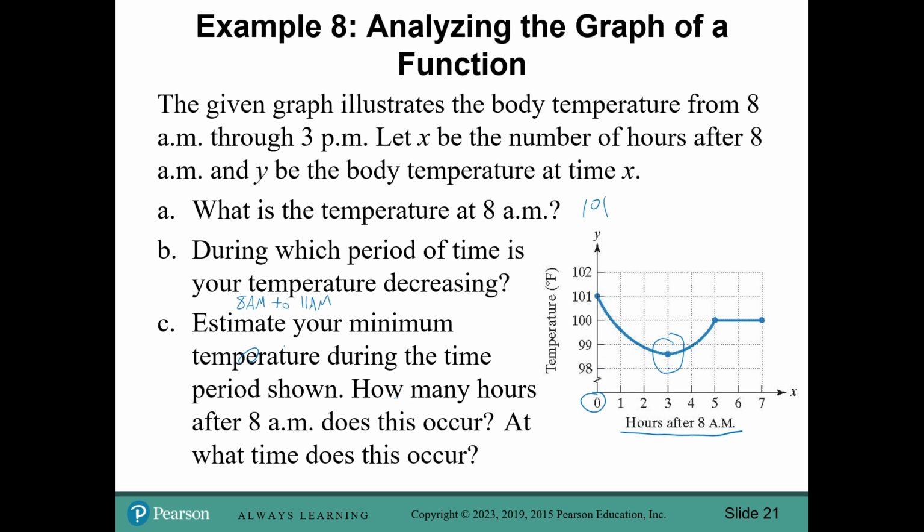So let's take a best guess here that it might be, we'll say 98.7 degrees Fahrenheit. That's at 3 hours after 8 a.m. And at 3 hours after 8 a.m., that time is 11 a.m.